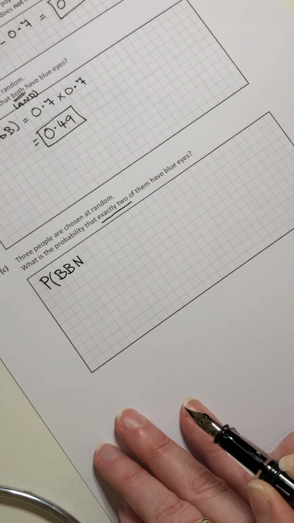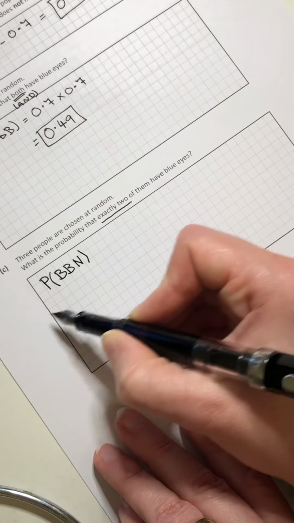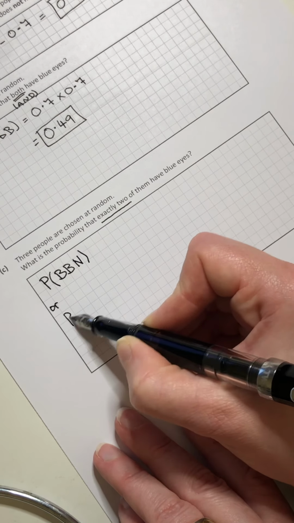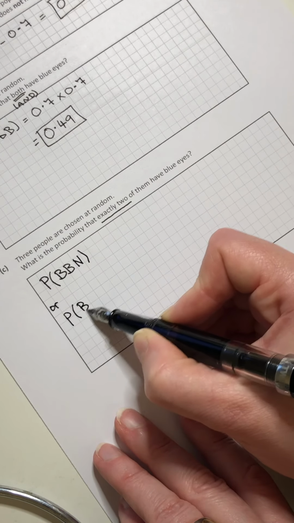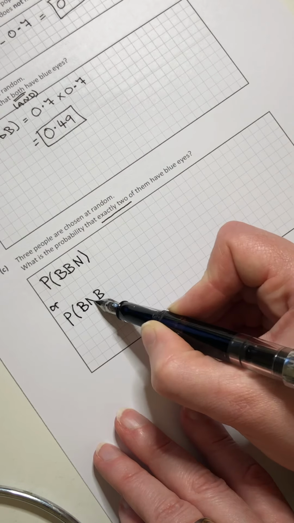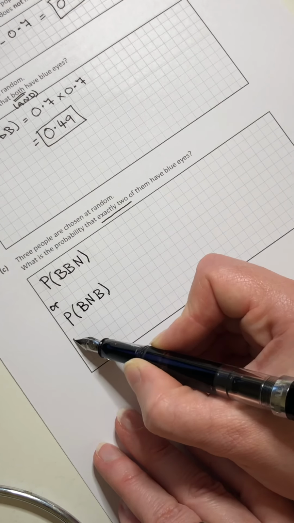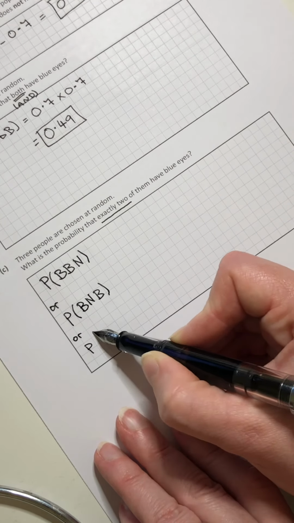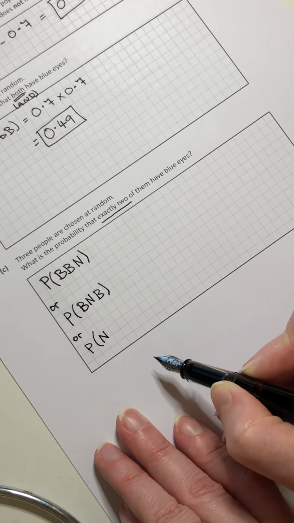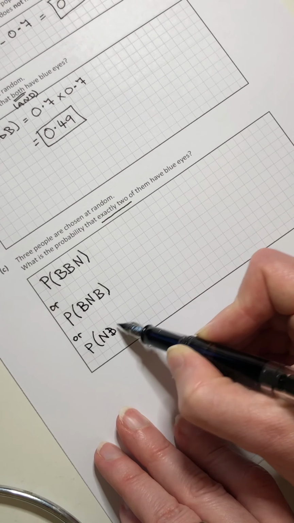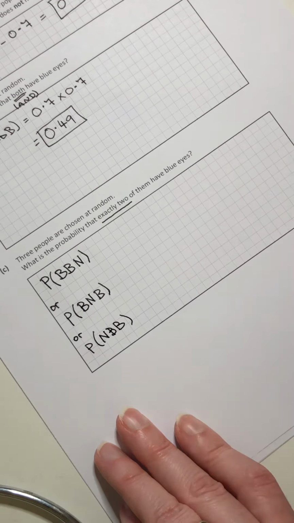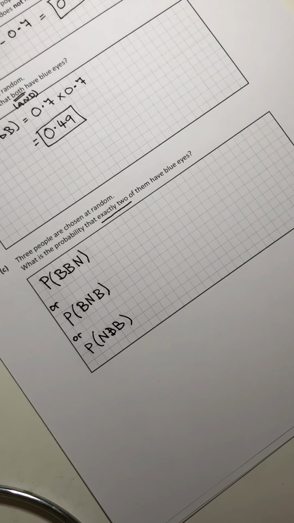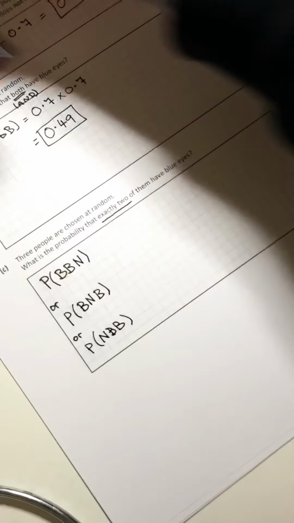I'm just going to use N for not blue. Or the first one and the last one have blue eyes and the middle one doesn't. Or the first one doesn't have blue eyes and the other two do. So those are the three different ways that exactly two of them could have blue eyes.